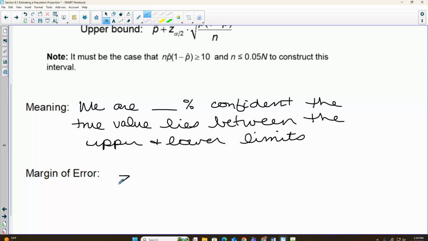The margin of error is that Z alpha over 2 that we're adding.